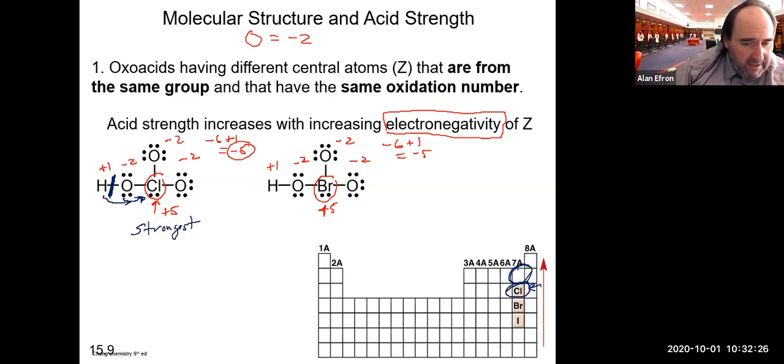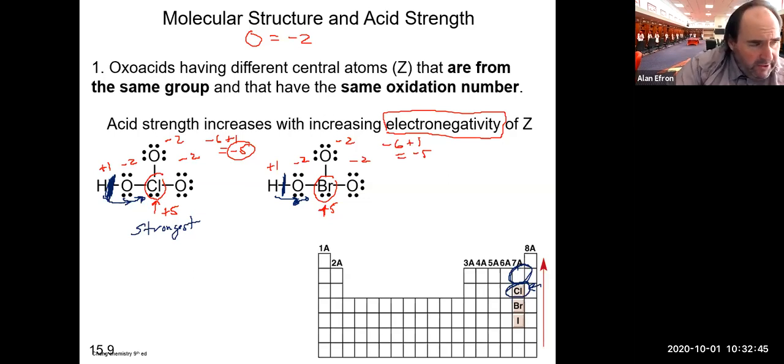Same thing's going to happen here. Our OH, still the electrons are heading towards the oxygen. The bromine is not going to pull them in as much as the chlorine. It's still going to weaken this bond, but not to the extent that our chlorine will because of its electronegativity.